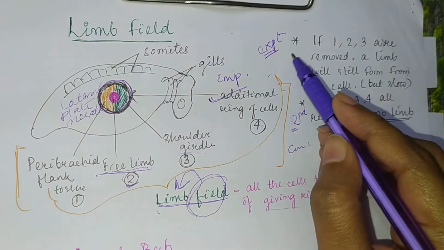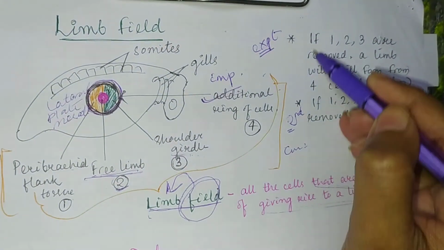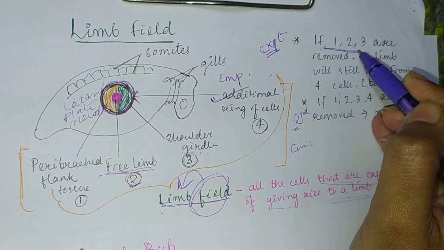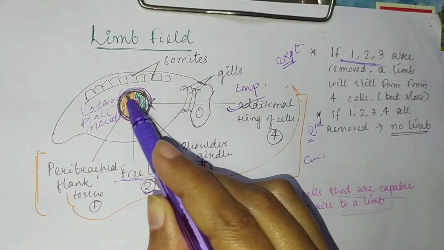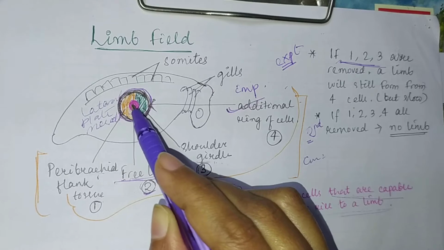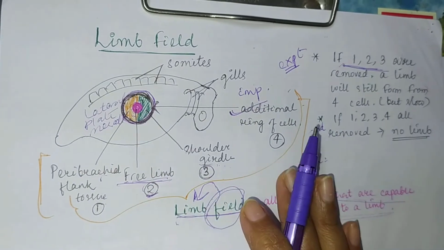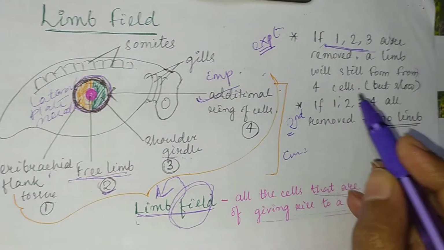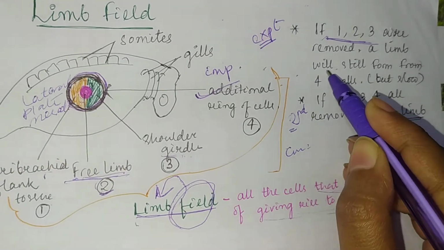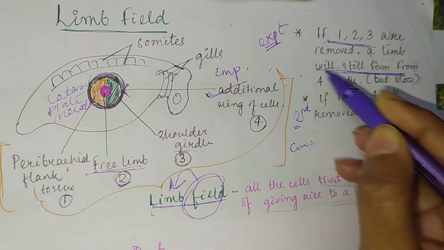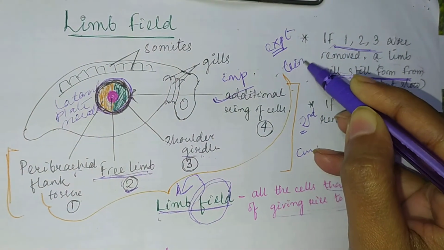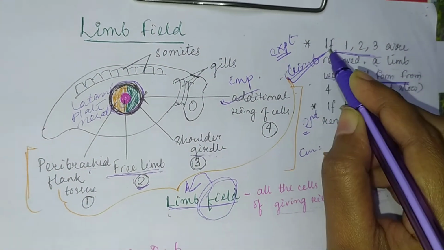First, researchers removed all these group 1, 2, 3 cells. Whatever was inside, all these cells were removed, and they concluded that a limb will still form. So there will still be a limb.